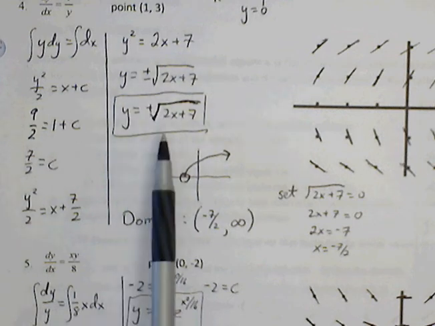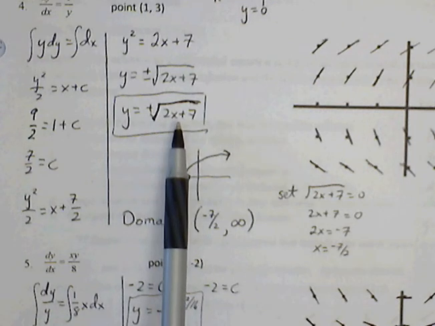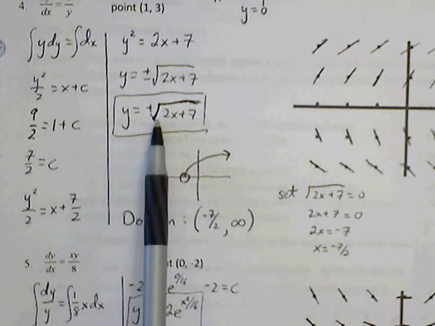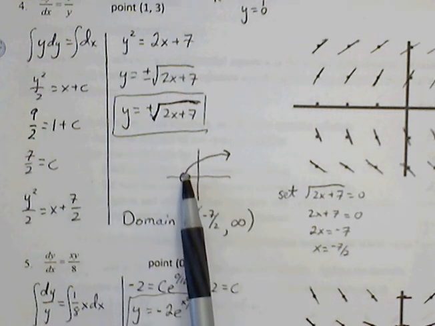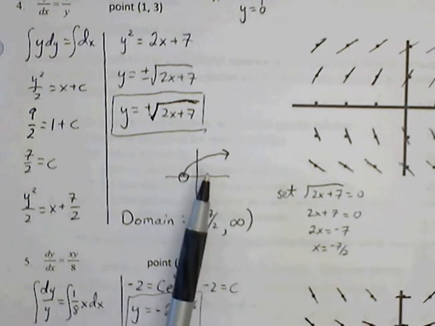If I plug 1 in for x, I'll get 2 times 1, which is 2. 2 plus 7 is 9. Square root of 9 is 3. So positive 3, this one will make sense. And if we sketch our graph, the square root of 2x plus 7 will look like this, and we see that this graph in your calculator is going to resemble what you see here.